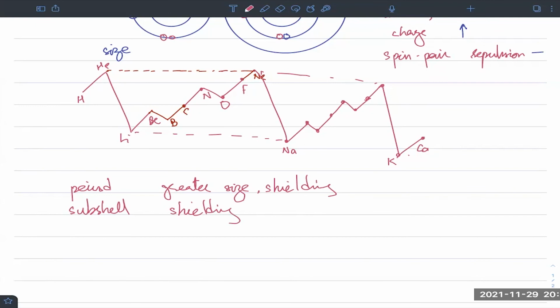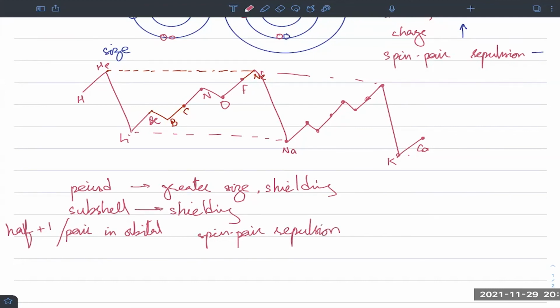When you start pairing up in an orbital, basically आपने half plus 1 करना है. आपका subshell half fill हो गया था, उसके बाद you added another one. So the decisive factor there is spin pair repulsion, तो वहां पे decrease करेगा. And if you remember this, आपके एग्जाम में 3 के 3 मार्क्स आएंगे.